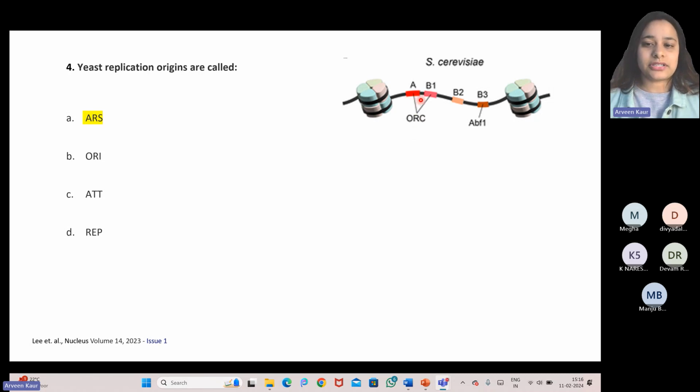There are multiple subunits such as A subunit, B subunit, C subunit, and A and B1 in this case form ORC, and the B subunits form another kind of complex, and together these two can form ARS, right?